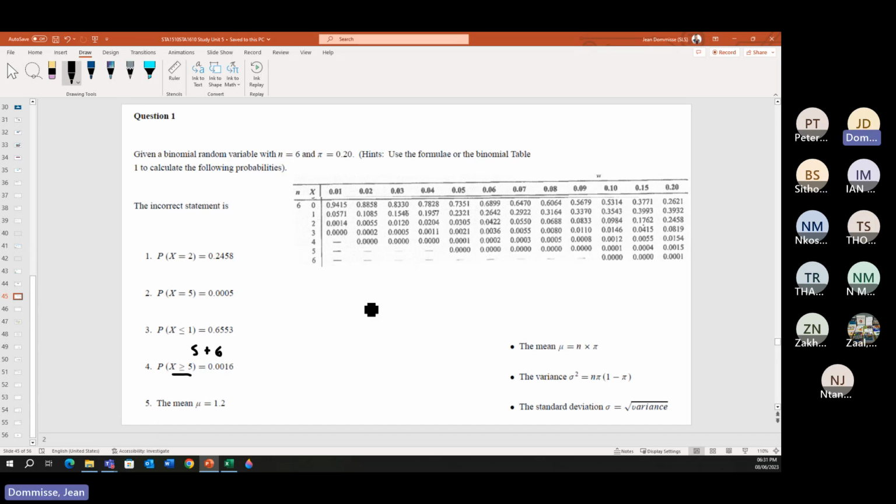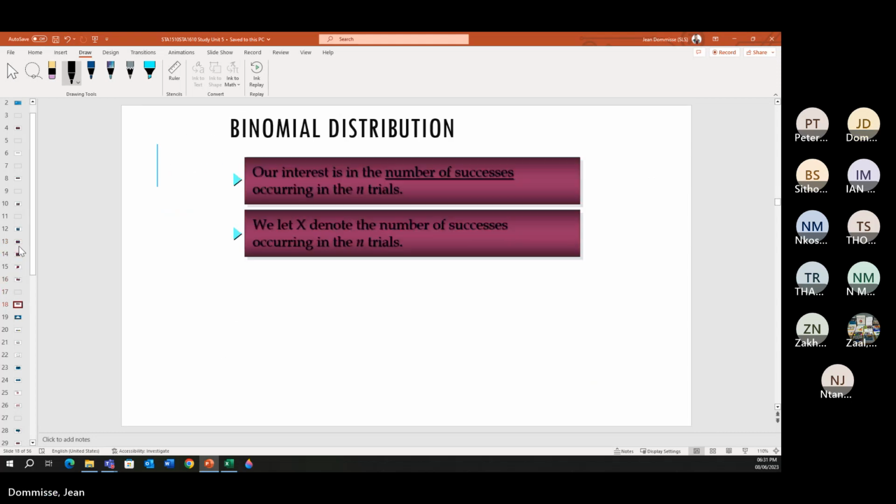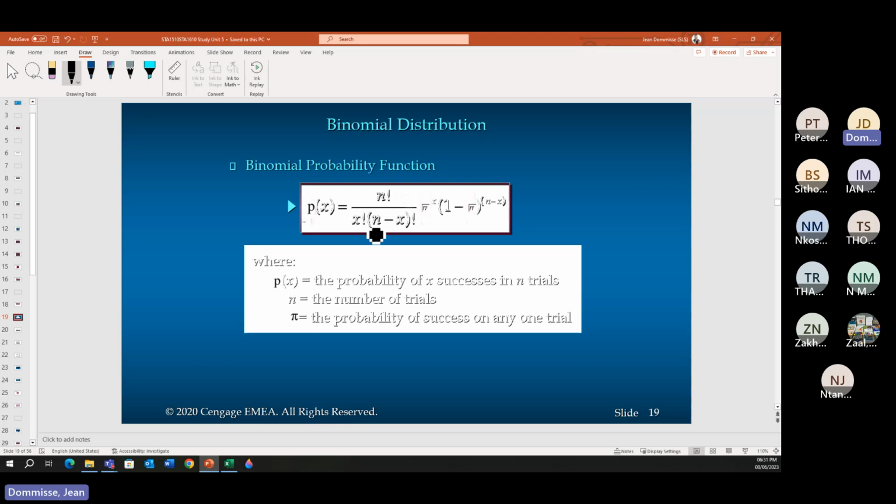If I didn't use the table and went back to this formula, I would have needed to work it out twice.